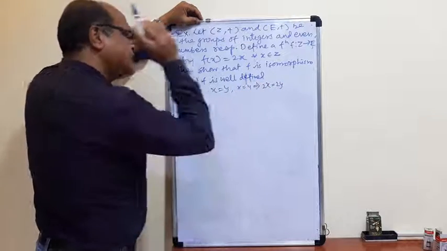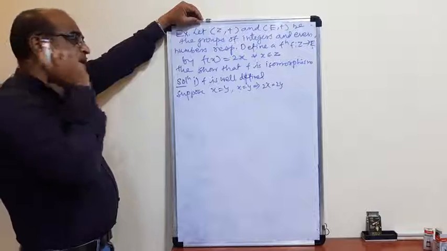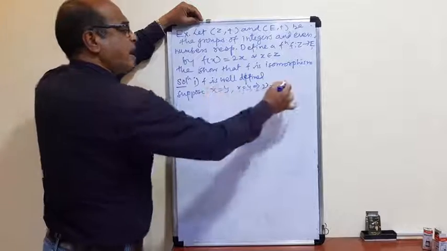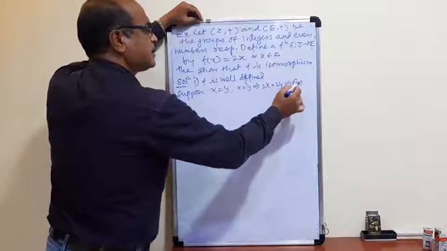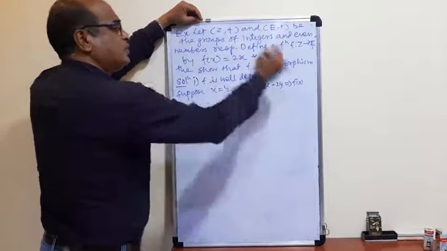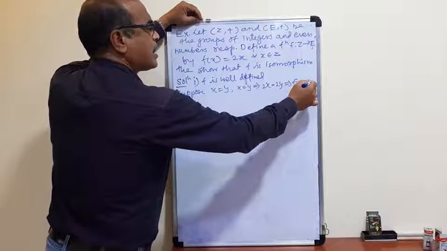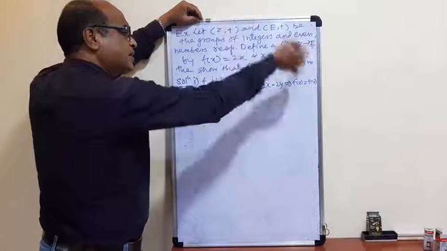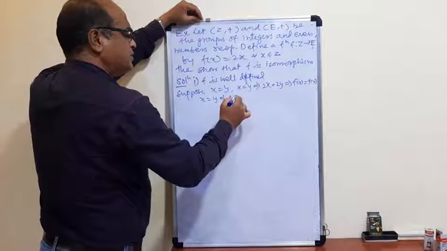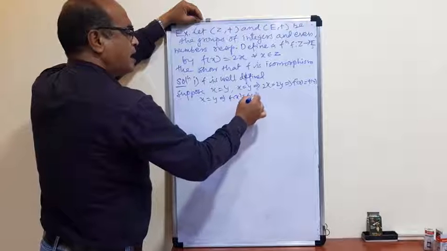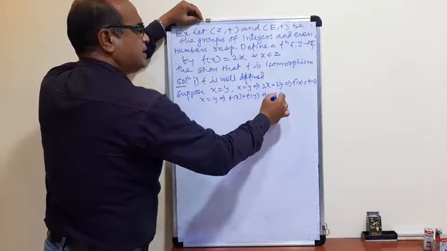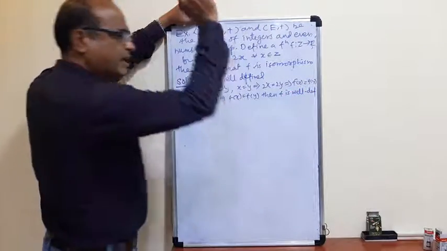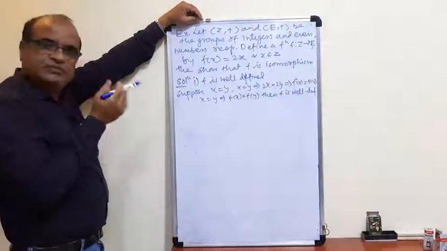What is 2x? 2x is f(x). What is 2y? 2y is f(y). And if x is equal to y implies that f(x) is equal to f(y), then f is well defined. Well defined function. Okay, so this is the first part.